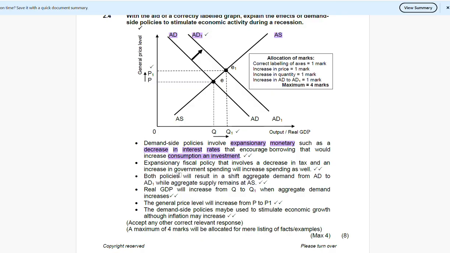Expansionary fiscal policy, which involves a decrease in tax and an increase in government spending, will increase spending as well. So what does that mean? If there's a decrease in tax, workers as well as firms will be paying less.